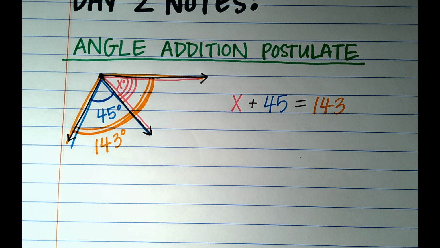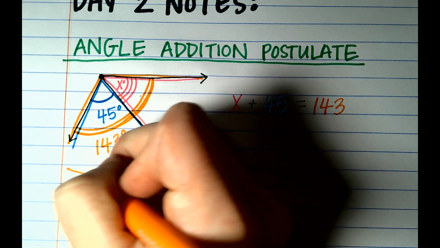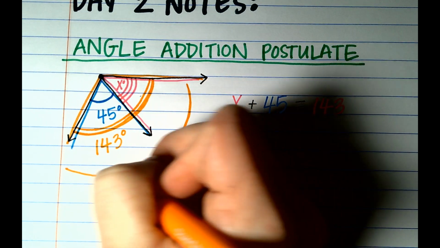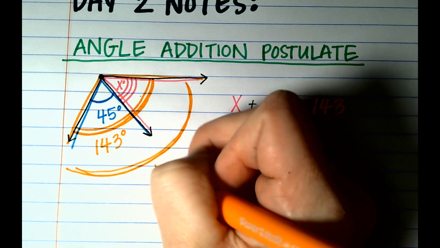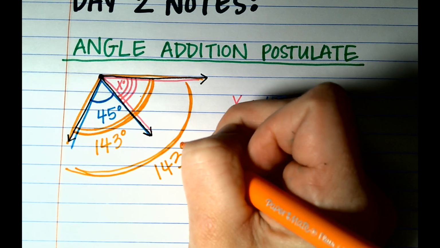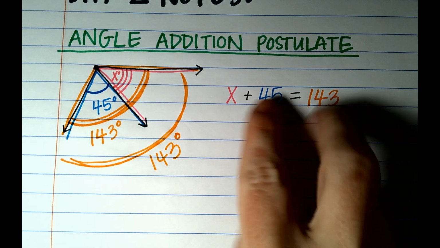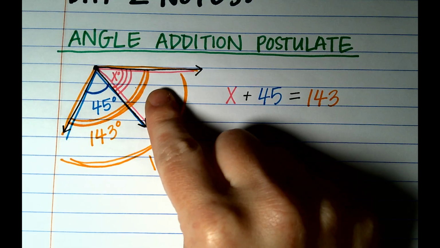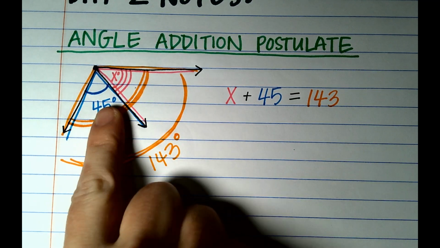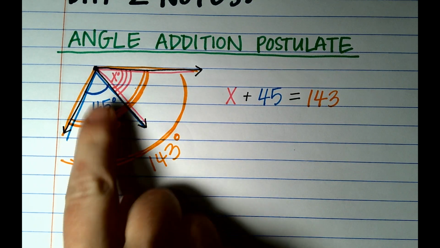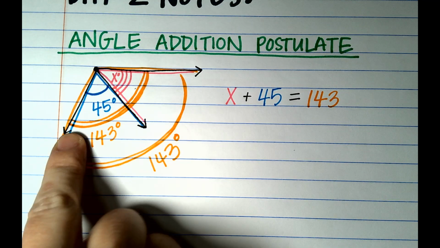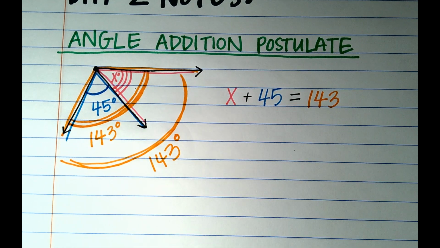Maybe it would have made more sense if I drew that arc a little further away so it doesn't look like it's the same. But we're saying that this small pink angle that is X plus the blue angle that is 45, when I put them together, I get the one big angle, the whole, that is 143.